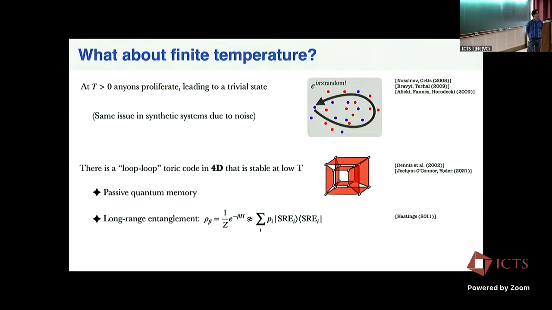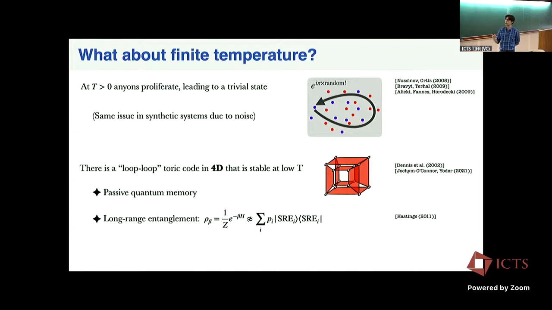So basically, if you have a topological order and you increase the temperature, then in the sum, it should be the ground state. Then it should be long range from the beginning, right? I'm not specifying what these states are. I'm just defining what I mean by short range entangled.